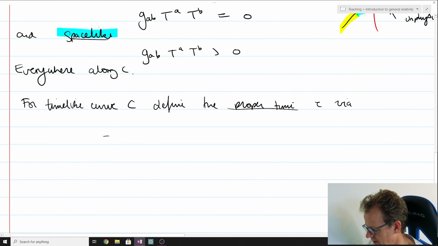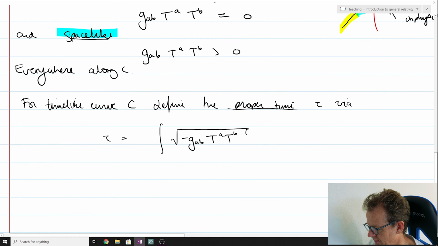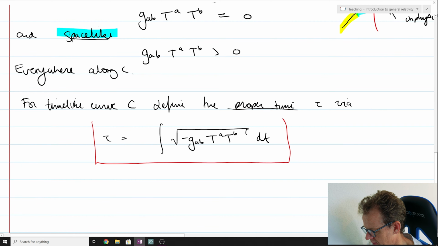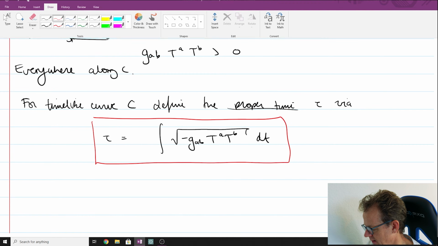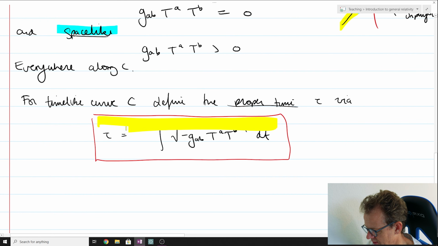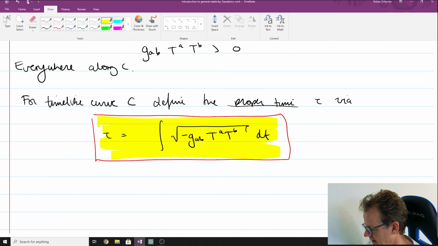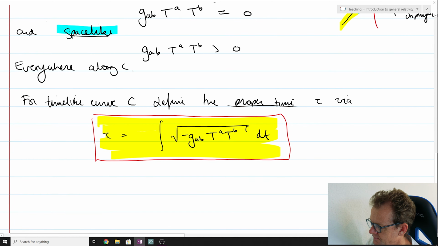So if you have a time-like curve, then instead of defining the length of the curve, you define the proper time of the curve, although of course it will apply to geodesics. Okay, so now we have a definition that covers all the cases that we're going to encounter in the world of geodesics.